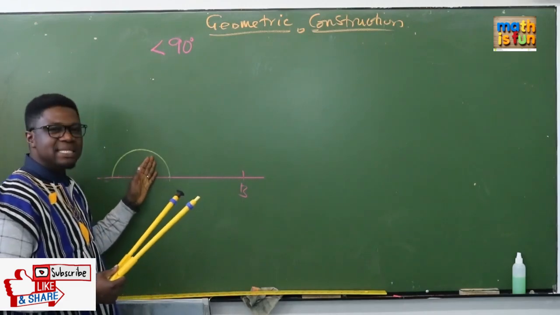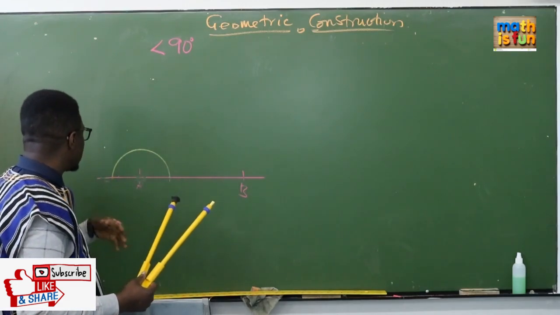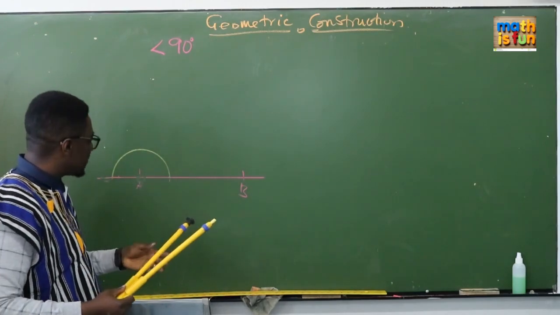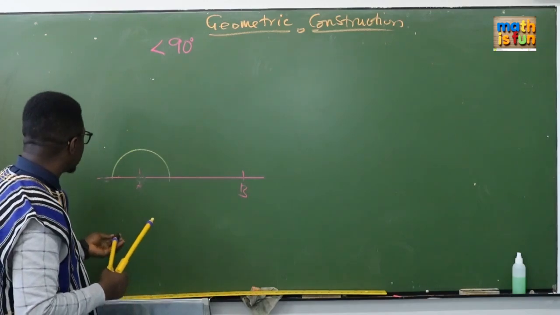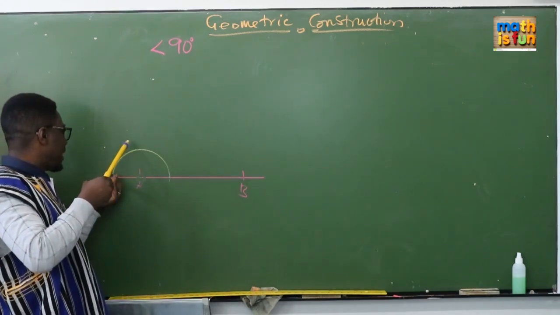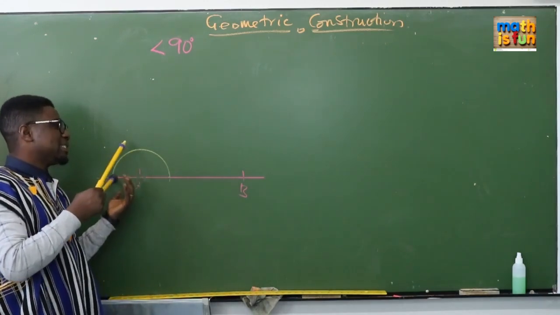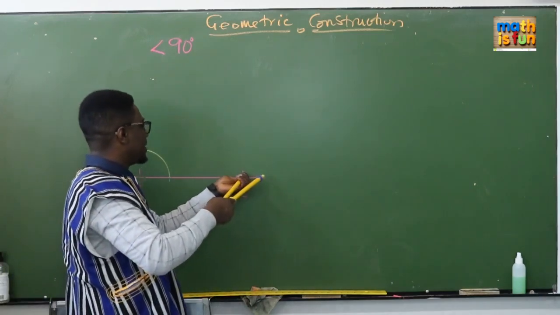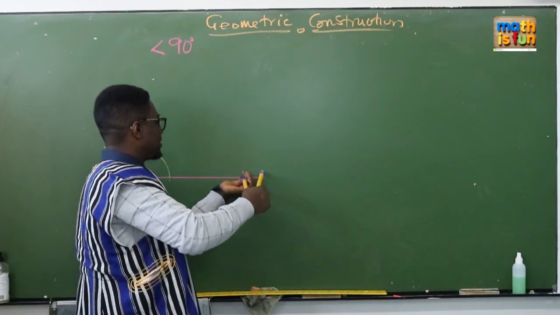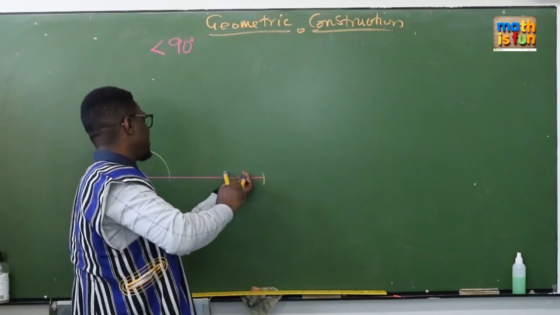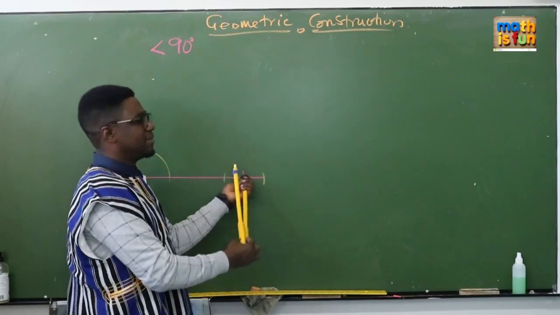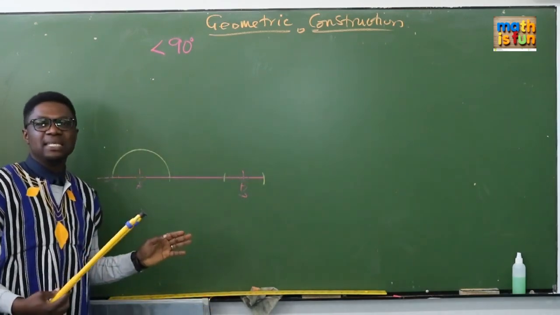Okay, I have my semicircle here, and with my semicircle, what am I going to do with it? All that we can do is that you can pin at this point. Some will not do a semicircle. Some will just say that, oh, I need just an arc here and an arc there. Yeah, that will be enough for 90 degrees.